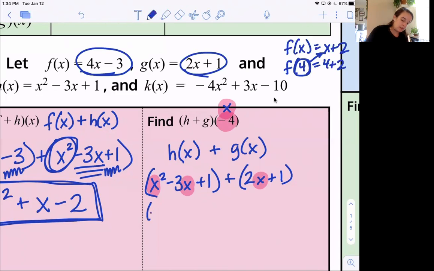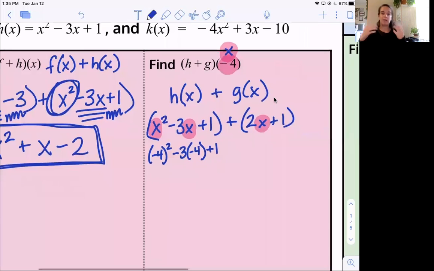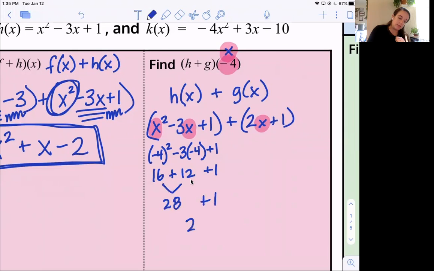So I'm going to have -4 squared minus 3 times -4 plus 1, like that. I'm taking out the x and putting in -4. So -4 squared is 16. -3 times -4 is +12, and then +1. So 16 plus 12 is 28, plus 1 is 29.